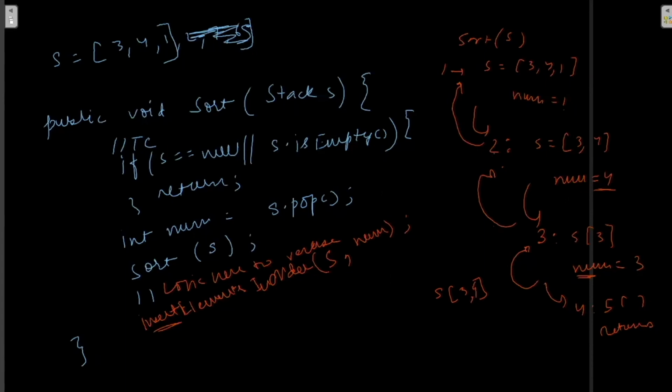But when I go into step 2, step 1, it found 1 is here, so it will put 1 at the starting. Now how does it do that magic, how does it put 1 at the starting and not here? That is how we have to implement this method, insert element in order, so that it does that magic.